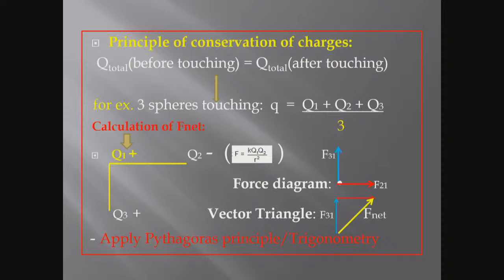You don't substitute the negative value into Coulomb's law. You just calculate the magnitude of that force, and you use your force diagram to interpret the direction. So no negative values for charges substituted into Coulomb's law.